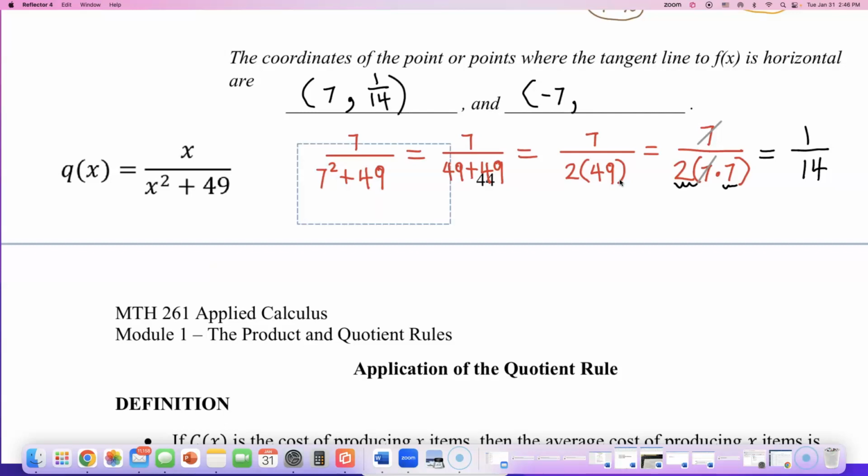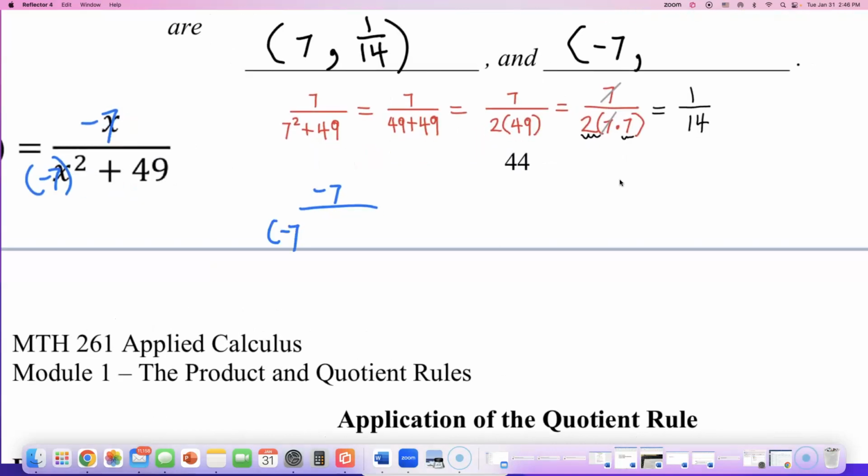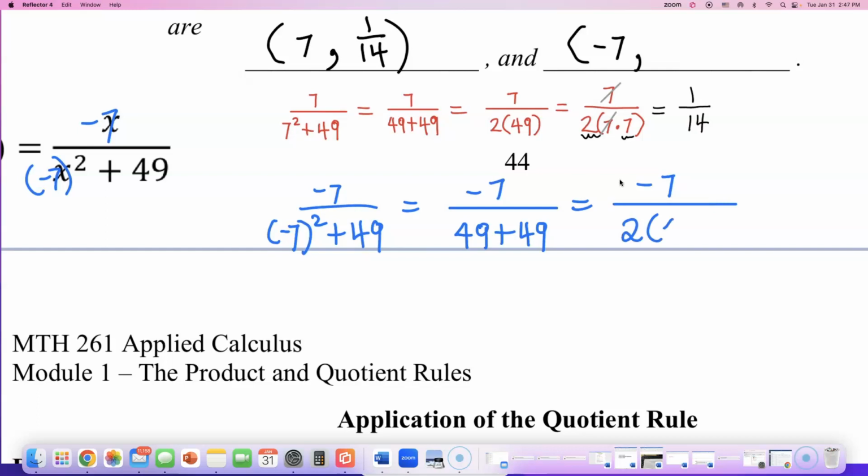Let me do the same type of thing, but this time I'm about to plug in negative 7. So if I plug in negative 7 here and there, let's see what happens. Negative 7 over negative 7 squared plus 49, which is negative 7 over 49 plus 49. Hey, it's the same thing, isn't it? I can write that as negative 7 over 2 times 49, right?